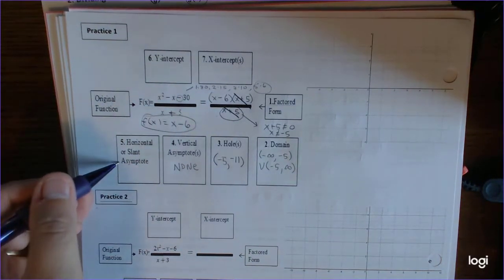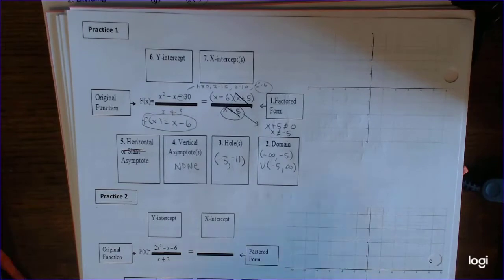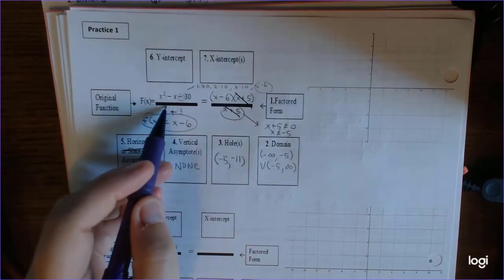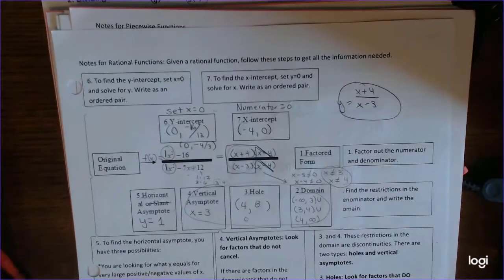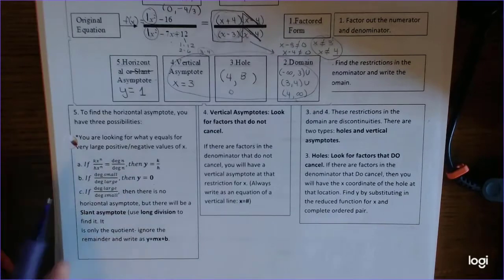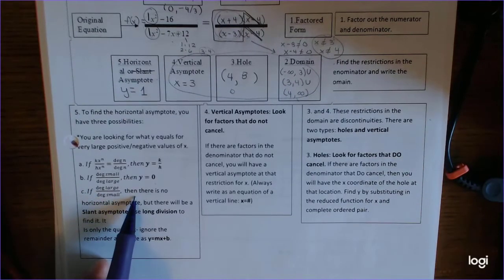Different concept for horizontal or slant asymptote. You look at the degree. So let's look at this one. This degree here is degree 2 over degree 1. Let's go back on the other side and see what we have here. So if we have degree large over degree small, then there is no horizontal asymptote.